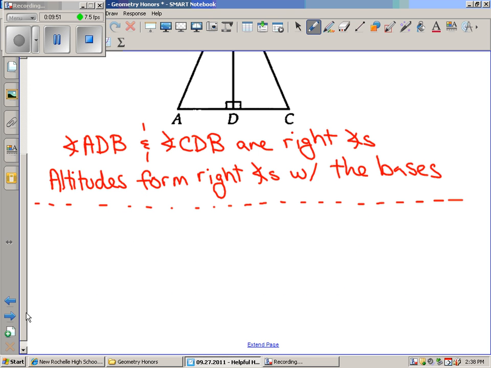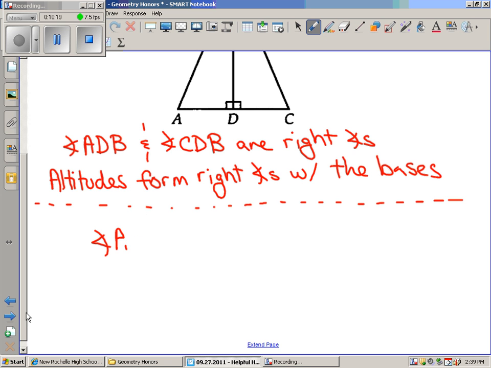What do you know about all right angles? That's true, but that's not what I'm looking for. All right angles are, starts with a big C, Chris. I'll give you a hint.